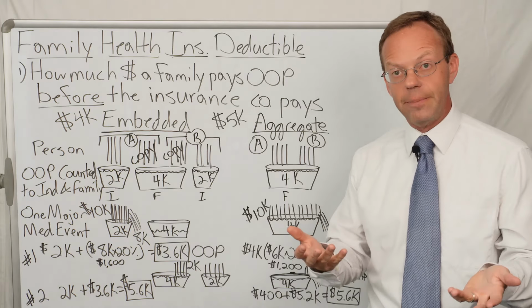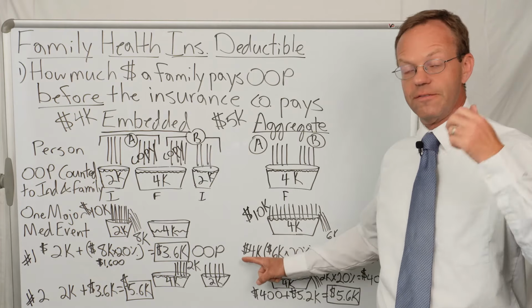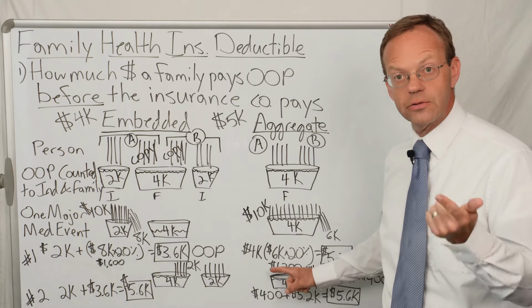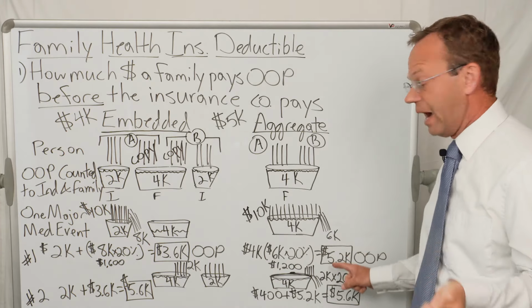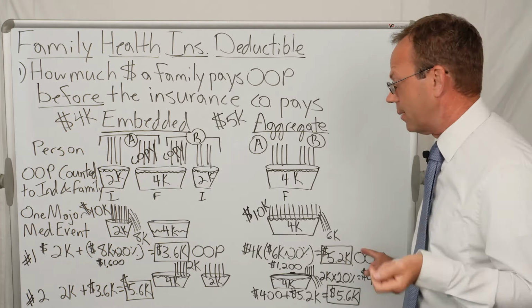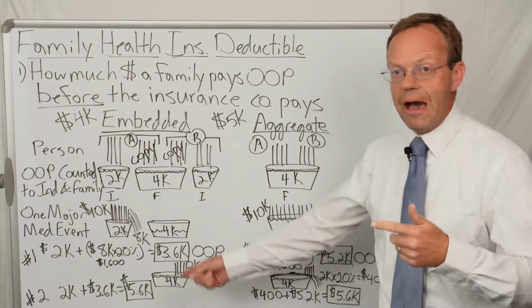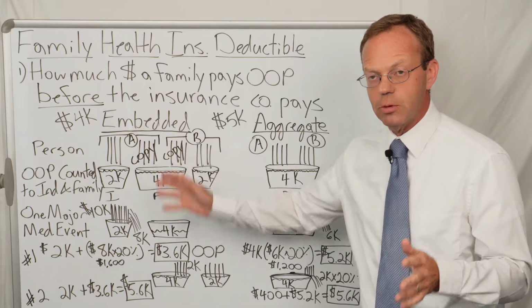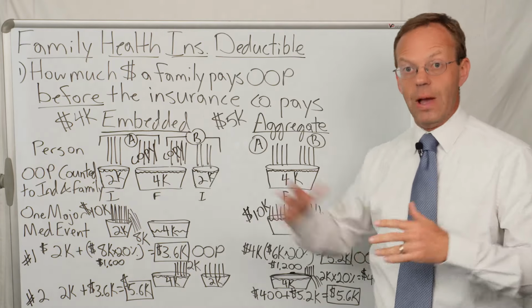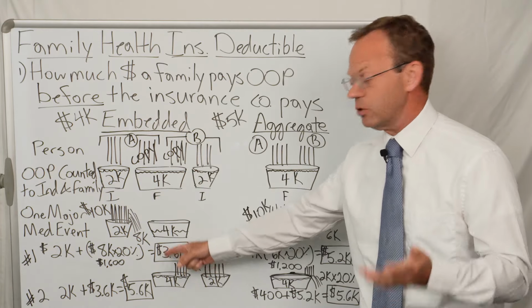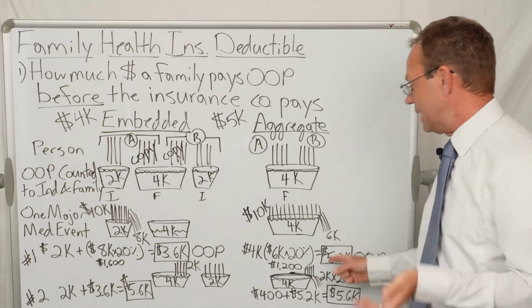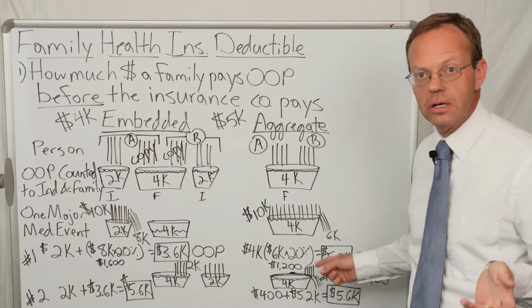So you add the $4,000 deductible plus the $1,200 of coinsurance, which gives you $5,200 of out-of-pocket cost. Look at that. The out-of-pocket cost is totally different if you have an embedded deductible versus an aggregate deductible. If you have an embedded deductible, it's less, only $3,600. If you have an aggregate deductible, it's more, $5,200.